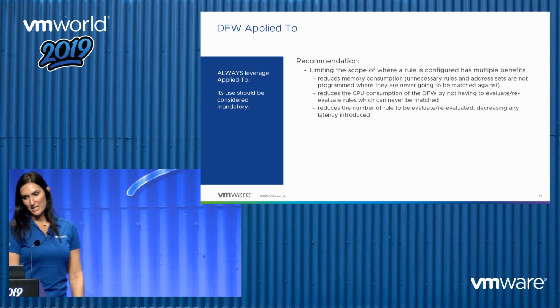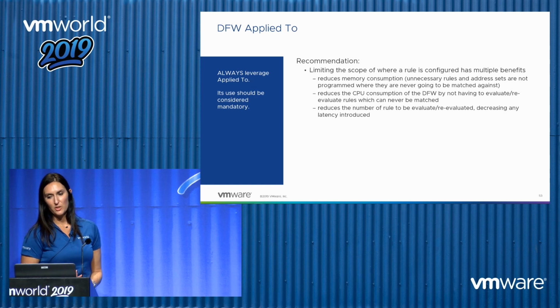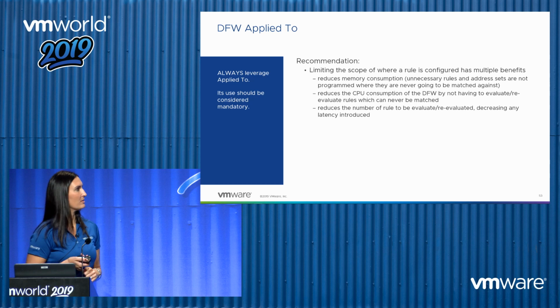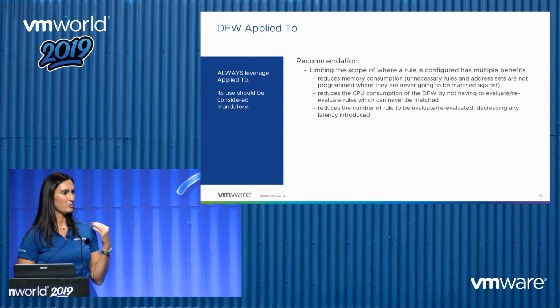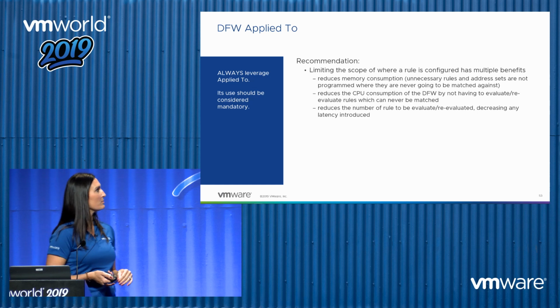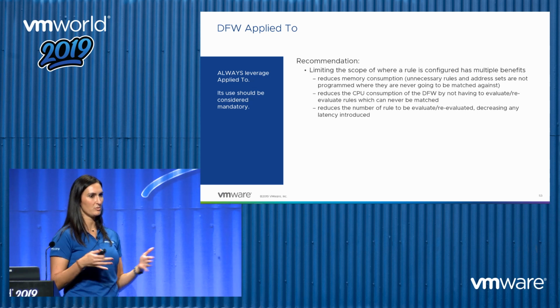So what is our recommendation? And how do we create these efficient rule sets? The number one rule that we have for everybody in here is to use the applied to field. That really is the number one rule. Using the applied to field, we'd be able to limit the scope of the firewall rule sets to only the source and destination.